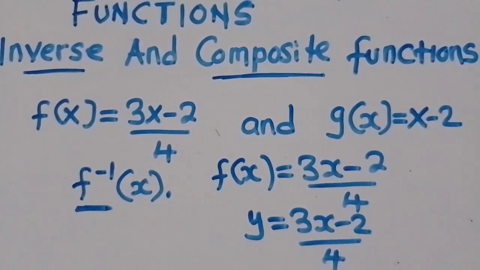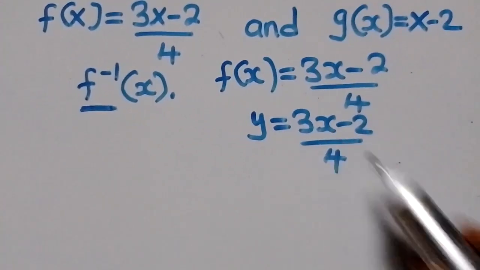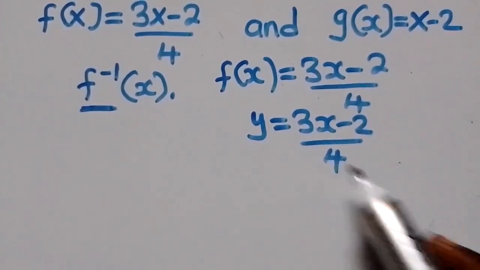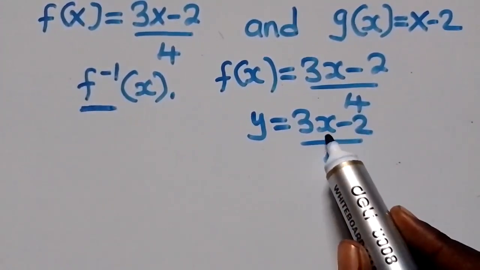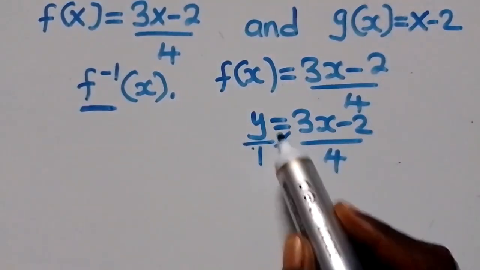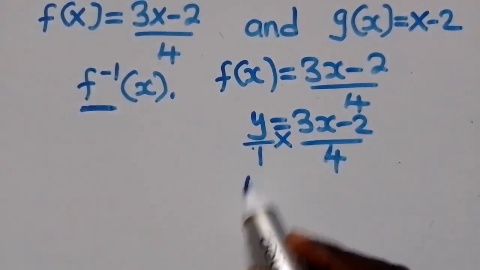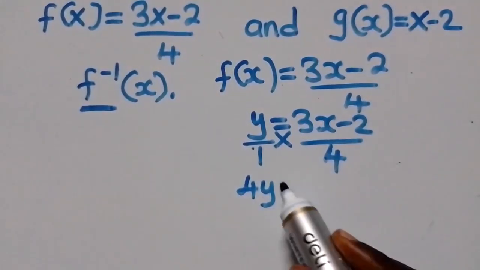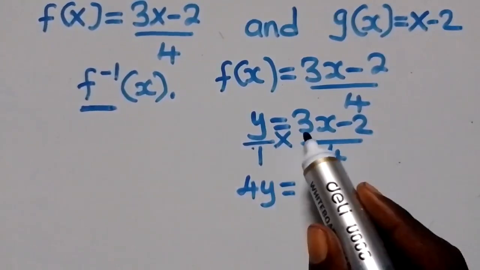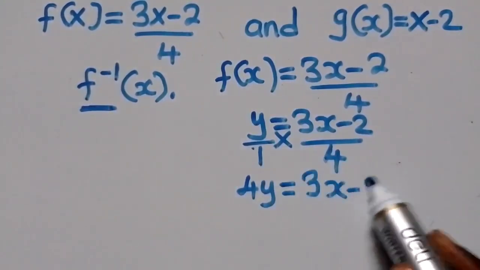When you reach here, you need to make x the subject of the formula. So we always make x the subject of the formula. How do you do that? You put 1 here, then you cross multiply. You say 4 times y, that is 4y, which is equal to 1 times everything, 3x minus 2.